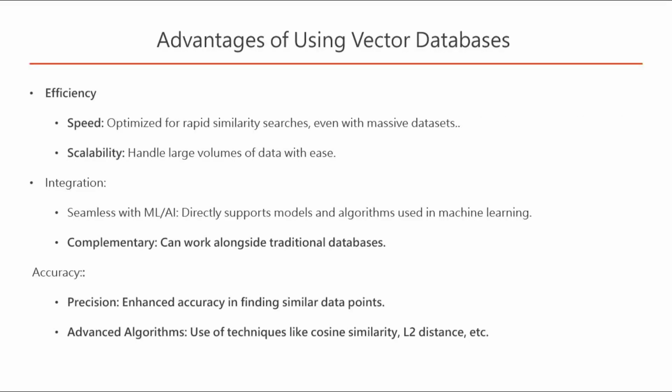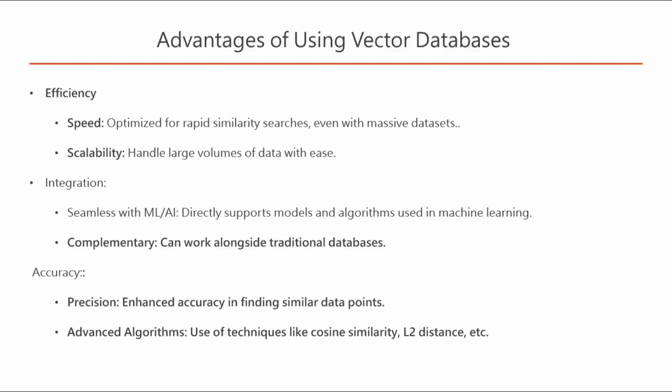So we talk about the advantages of using a vector database. First is speed. It's optimized for rapid, seamless search even with massive datasets.